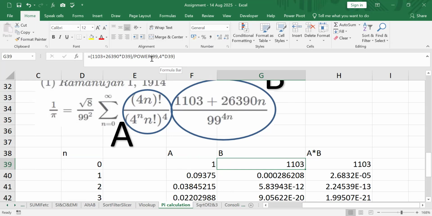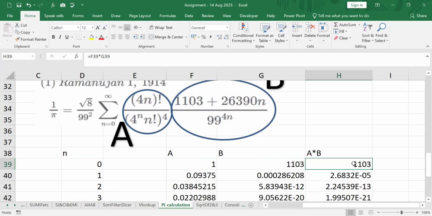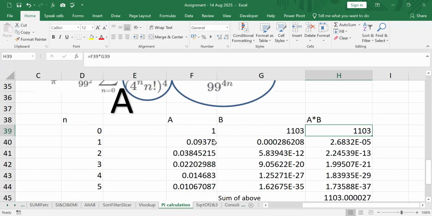Suppose I want to say a to the power of b, I have to say power bracket open a comma b. That is a power b. So that calculates A, it calculates B, then it is A into B. So this will be F39 into D39.